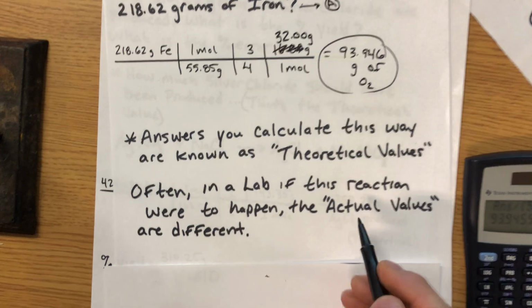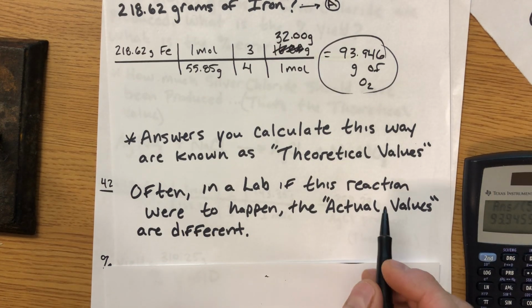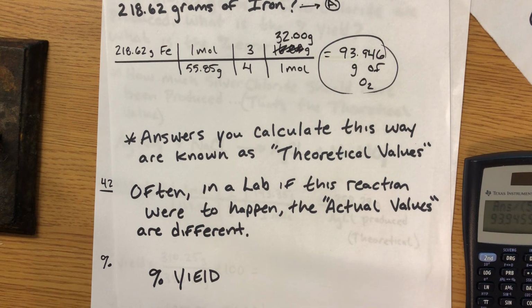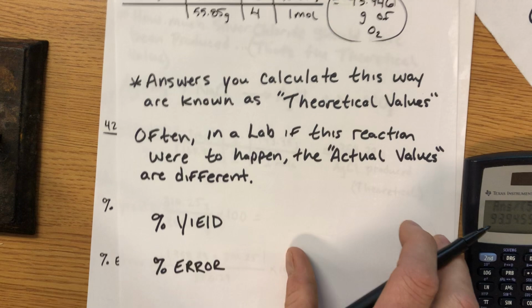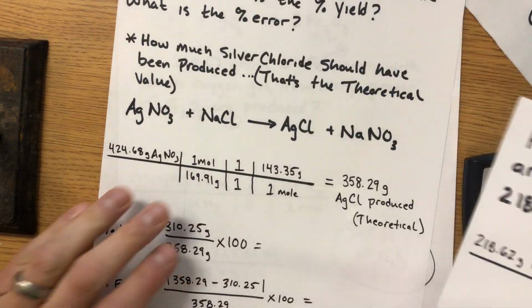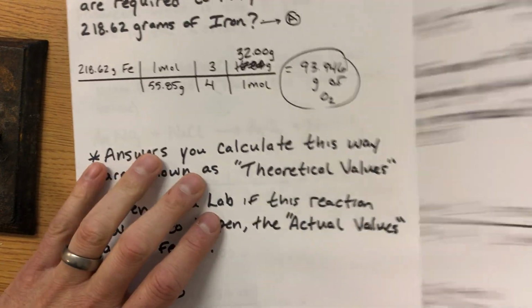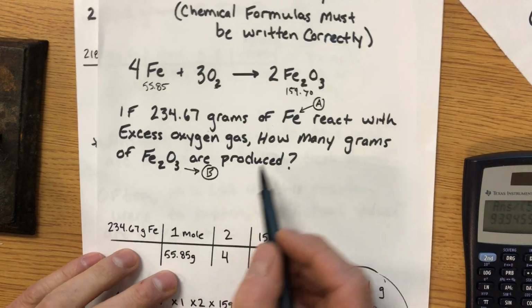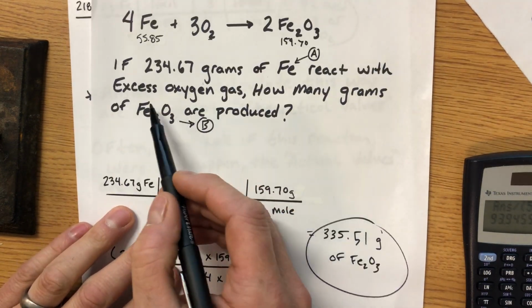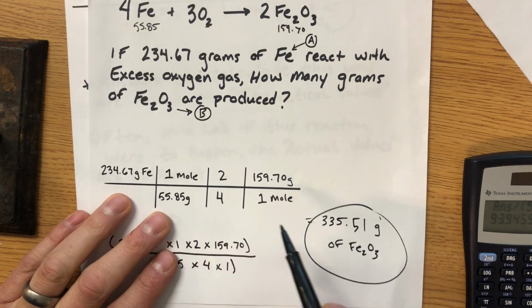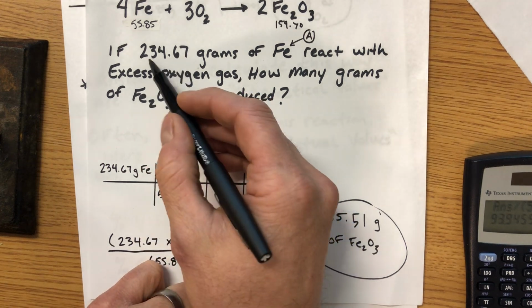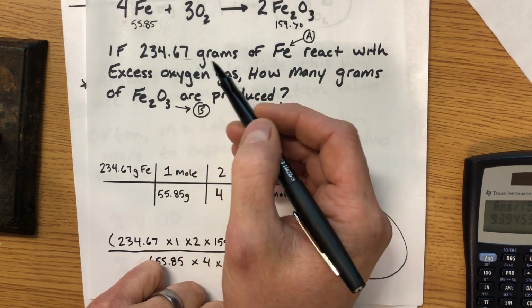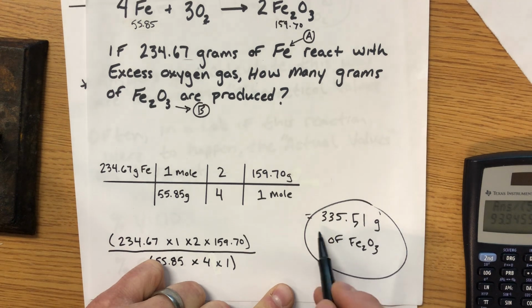And so we need to do a couple of things where we have some percent error and some percent yield calculations. And so I'll just kind of go back in time to this problem right here, the first one we did. So this problem was about the production of a product, and we theoretically figured out that, according to this many grams of iron, we should, in theory, produce this much iron 3 oxide.